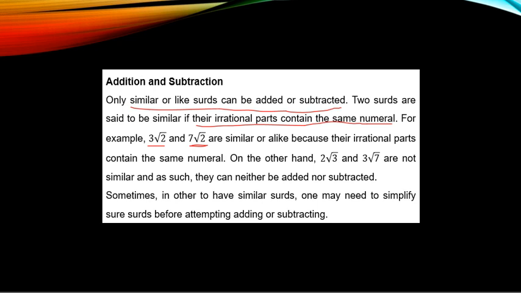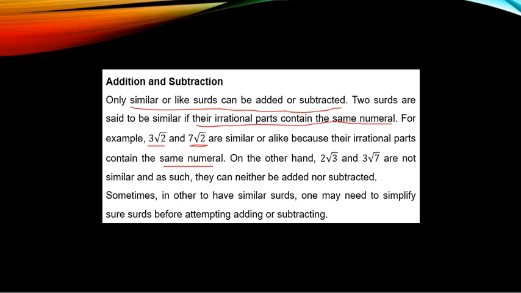So 3 root 2 and 7 root 2 are similar or alike, because their irrational parts contain the same numeral, so they can be added or subtracted.